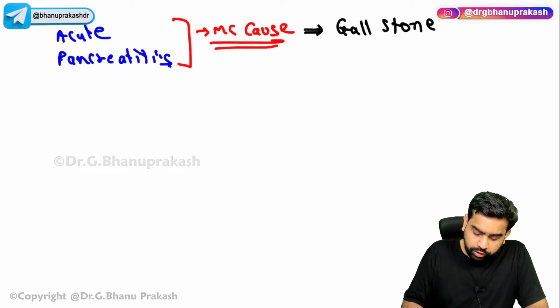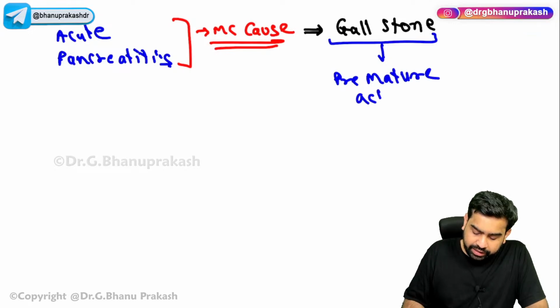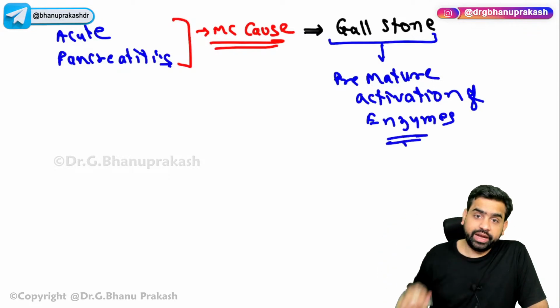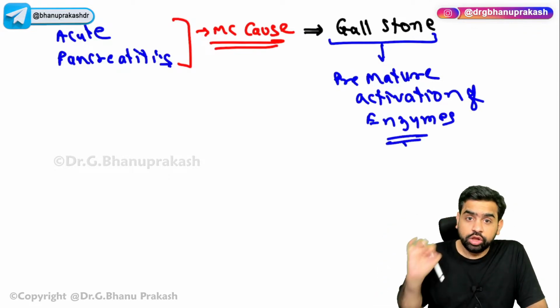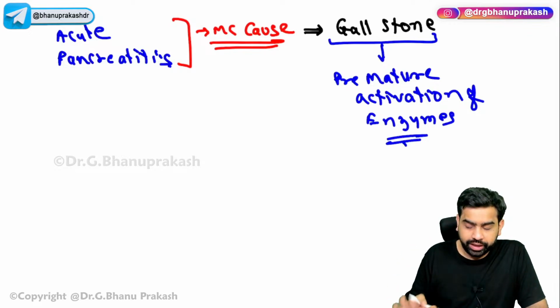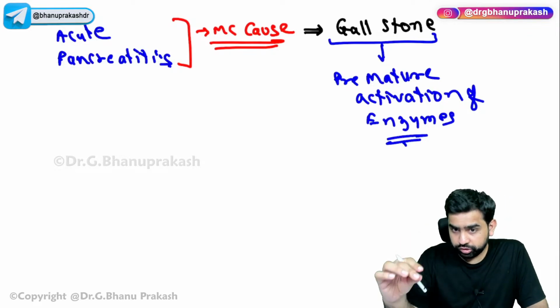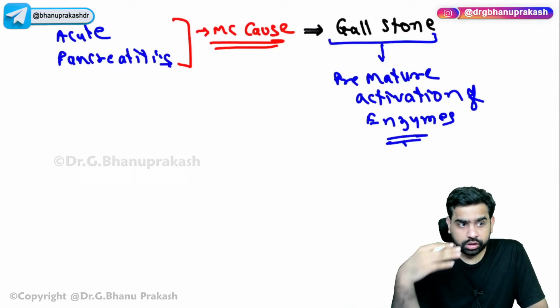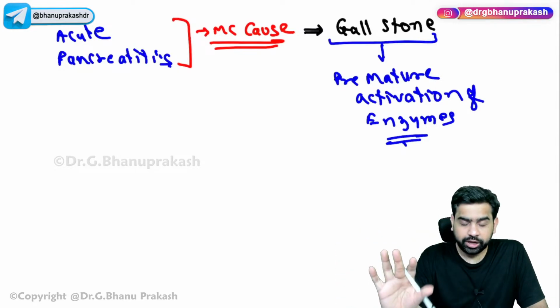So what does this gallstone do? It causes the premature activation of enzymes. You understand my point? It goes and obstructs the common pathway of the common bile duct and the pancreatic duct, and causes the premature activation of an enzyme. So that is what you need to understand.